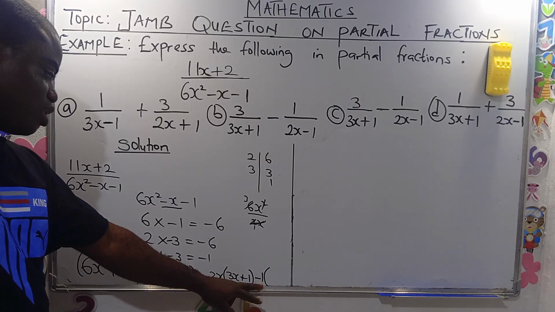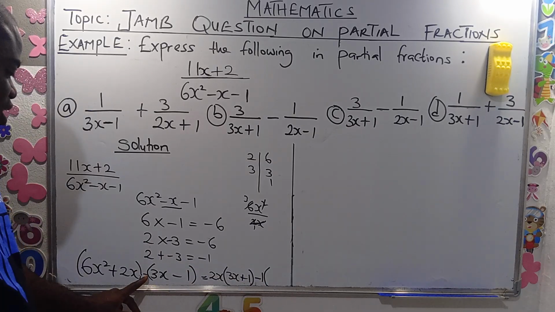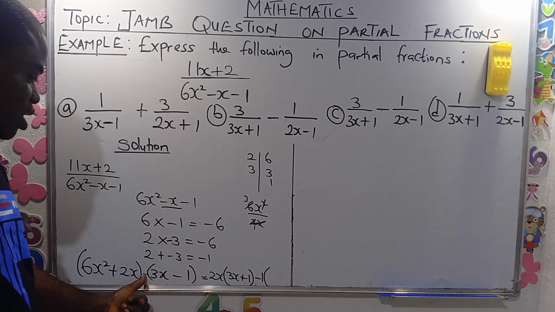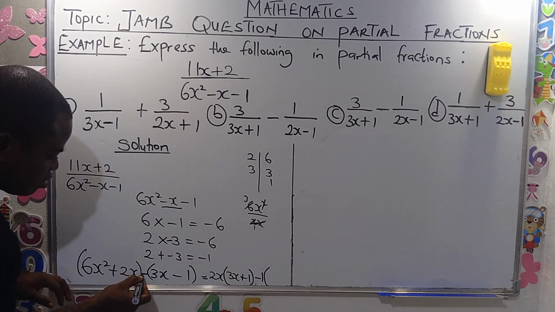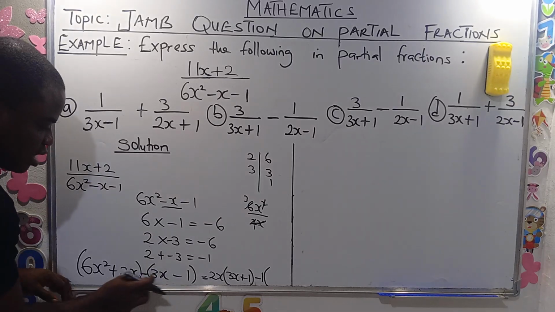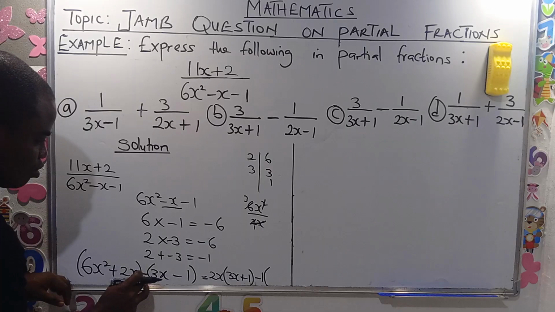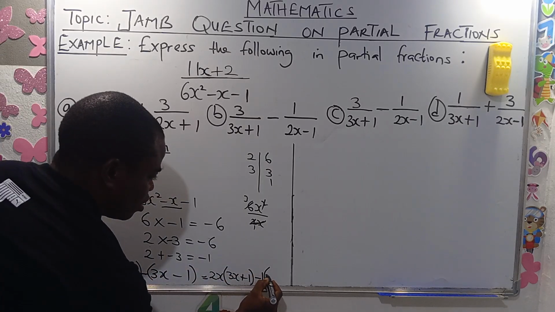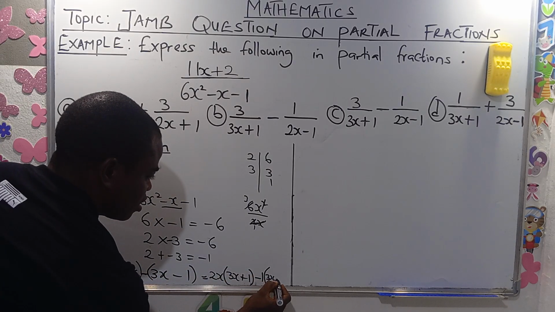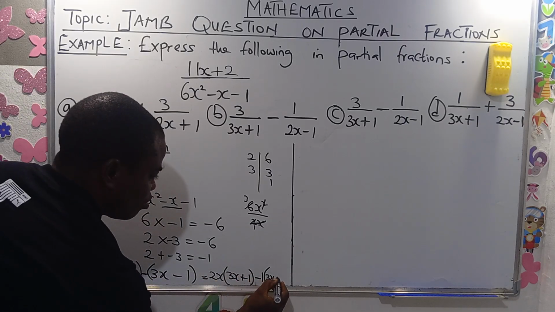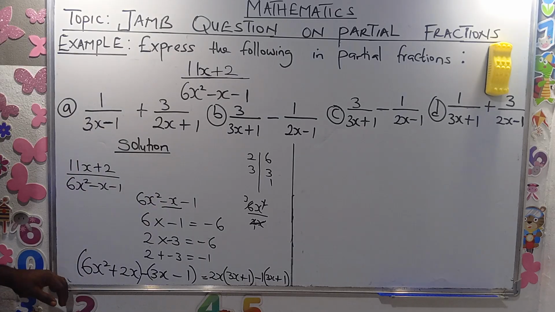You bring 1 out, and don't forget this negative sign. Negative and negative give us positive. Always consider this sign outside so that we change what is inside. We're left with 3x, negative changed to positive because of multiplication, plus 1.